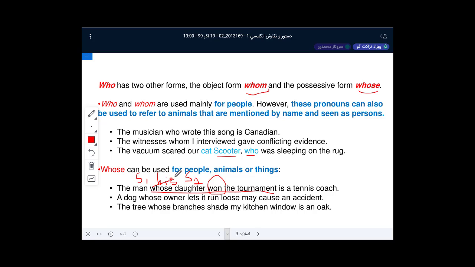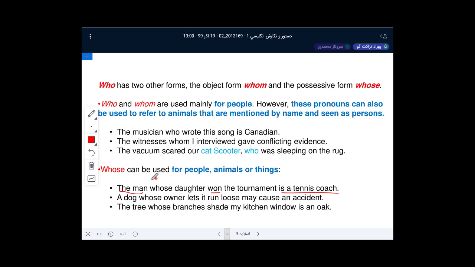And instead of his, which is possessive pronoun, possessive adjective, I'm sorry, we use relative clause marker. So we use whose rather than his. When you use whose, you will have subject, the man, the man is a tennis coach.